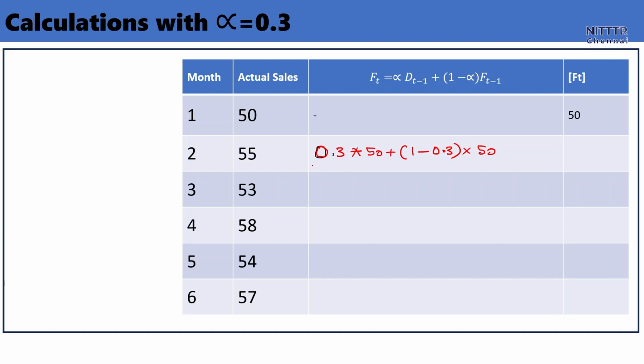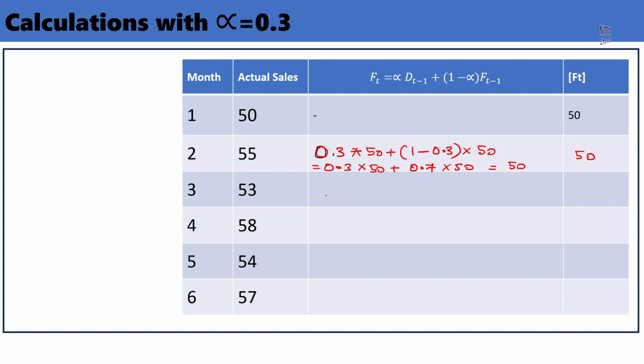So, it is 0.3 into 50 plus 0.7 into 50, which will be another 50. So, the forecast for the second period is taken as 50, but the actual demand was 55.